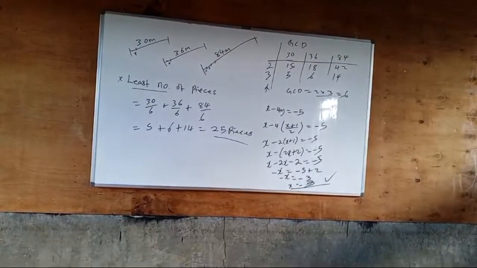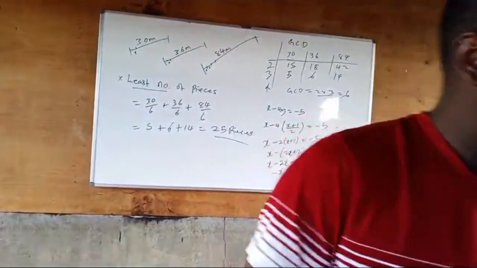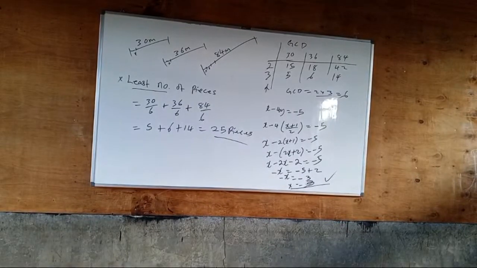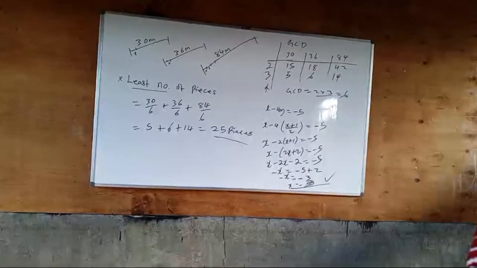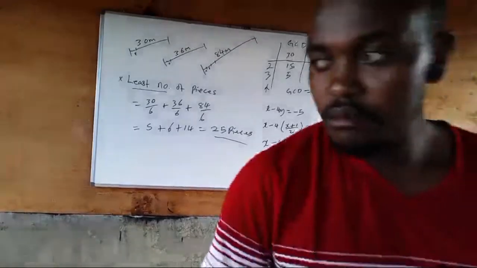So let me see. Number 1 kuna place. Nimekuonyesha ni wapi. Hiyo negative 3 na 6. Hiyo negative 3 na 6 ukimultiply inakuja ngapi?